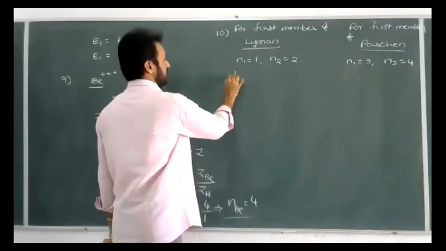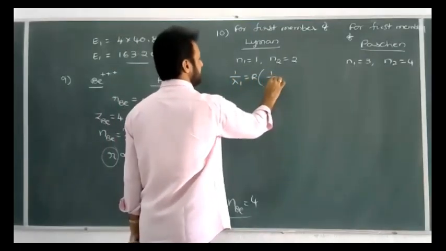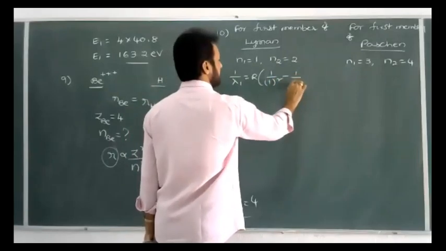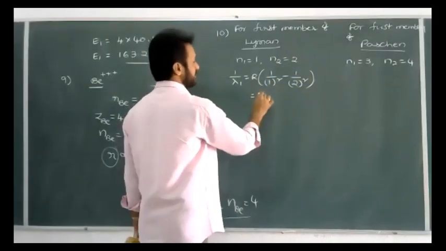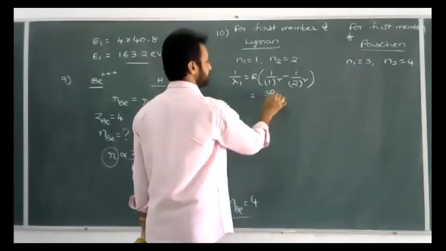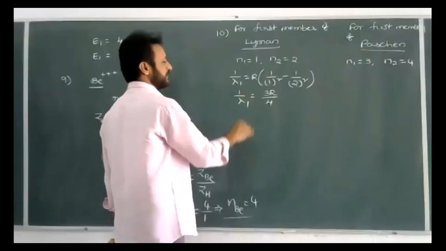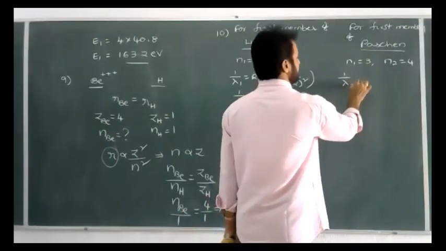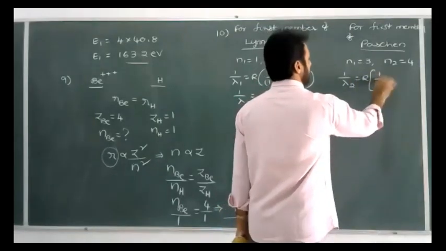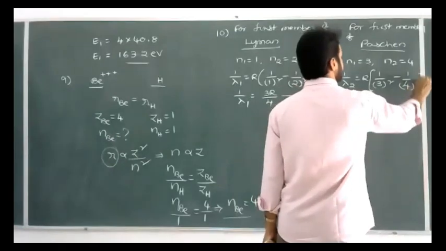Here, 1 by lambda 1 is equal to R into 1 by 1 square minus 1 by 2 square. That is equal to 1 minus 1 by 4 is equal to 3R by 4. 1 by lambda 1 is equal to 3R by 4, equation 1. Here, 1 by lambda 2 is equal to R into 1 by 3 square minus 1 by 4 square.